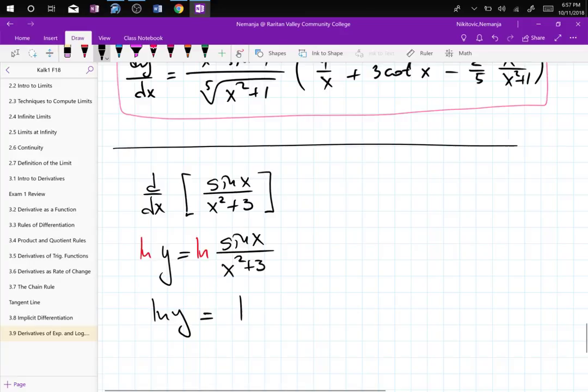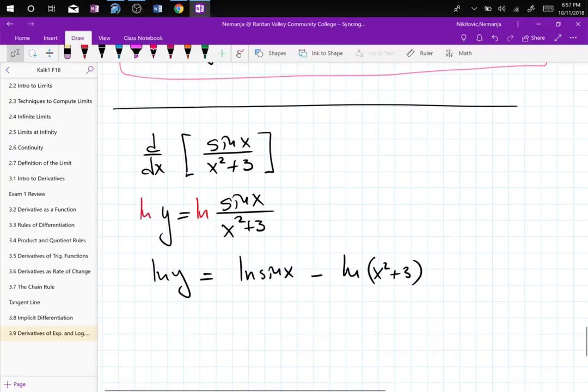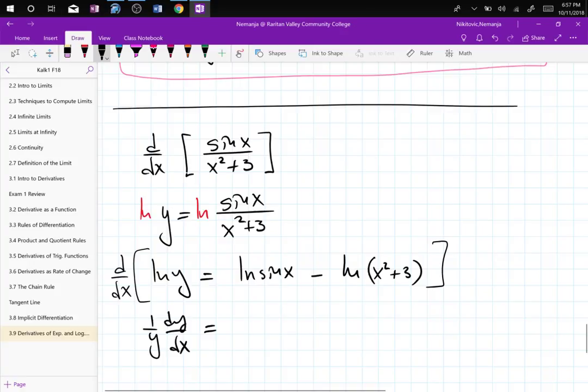So you have ln sine x minus ln x squared plus 3. And now you hit this with the derivative. 1 over y dy dx is equal to, sine goes in the denominator, cosine goes on top, minus x squared plus 3 goes in the denominator, 2x goes on top.